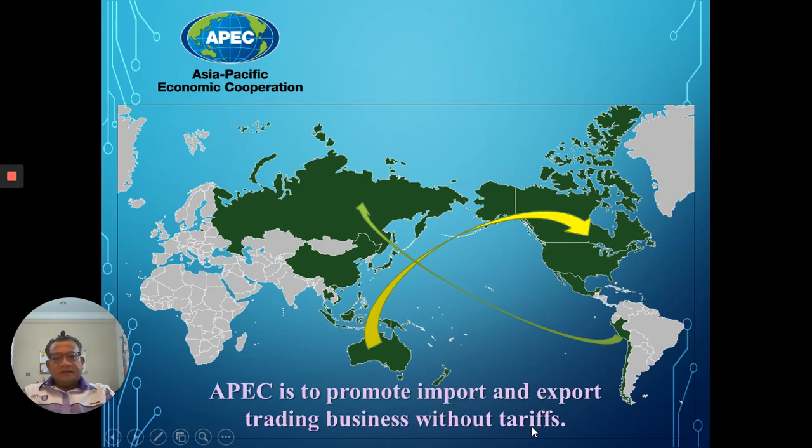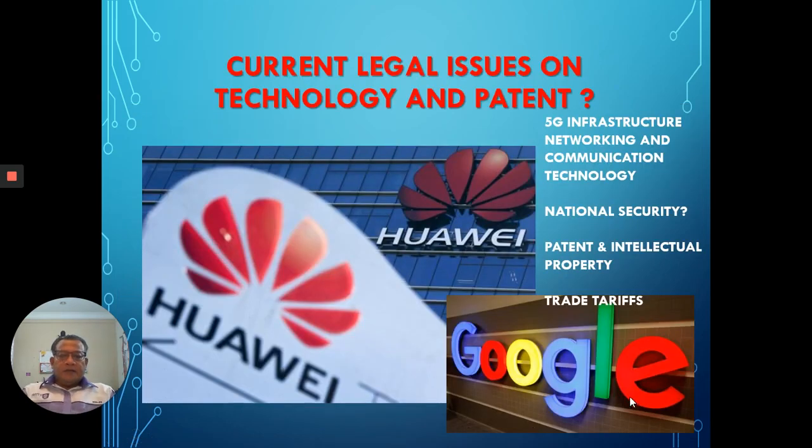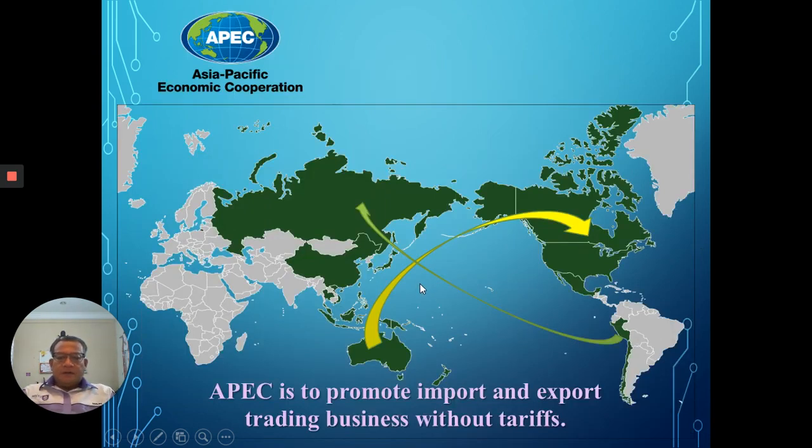By having this kind of trade battle between the United States and China, it actually defeats the purpose of the agreement agreed previously by many countries in Eastern Asia especially, and with continental Northern America and South America.